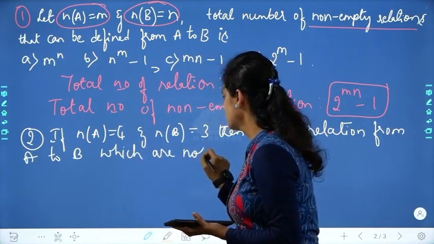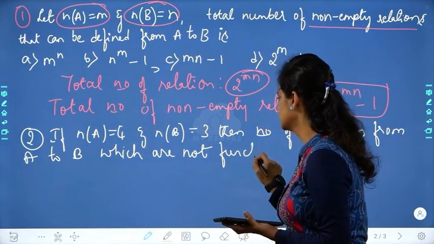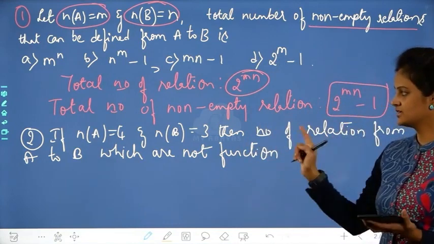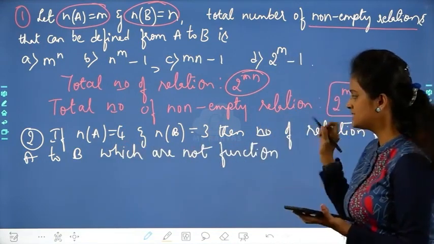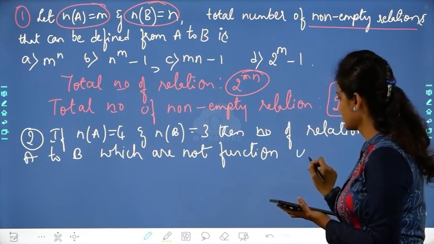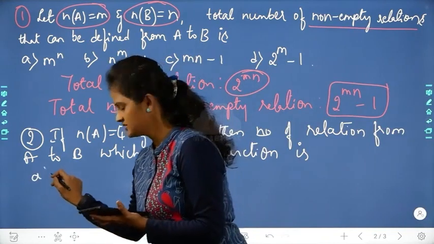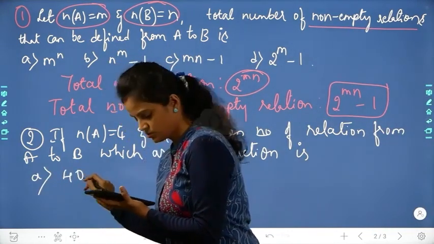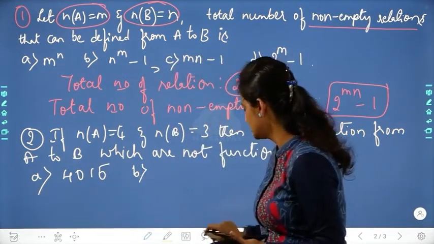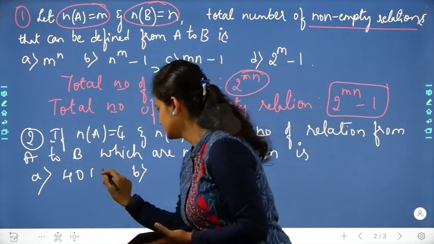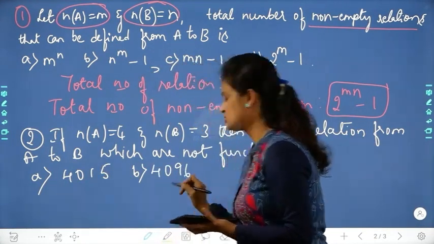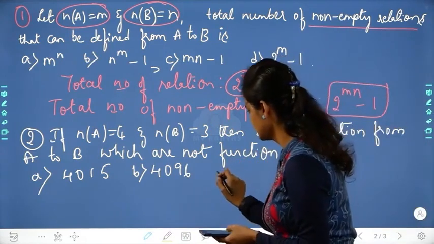Think of this. See, n of A is 4, n of B is 3. They are asking you for relations which are not functions. And the options are 4,0,1,5; 4,0,9,6. By this time you should have got the answer actually.